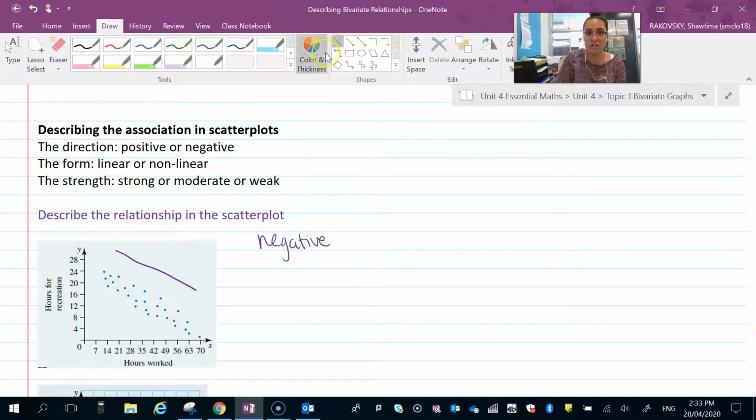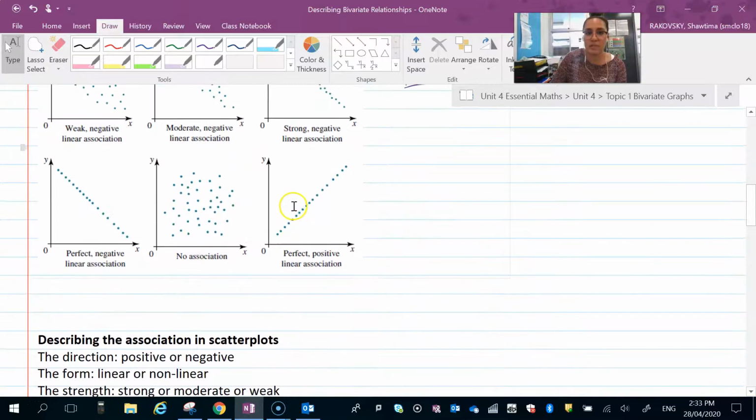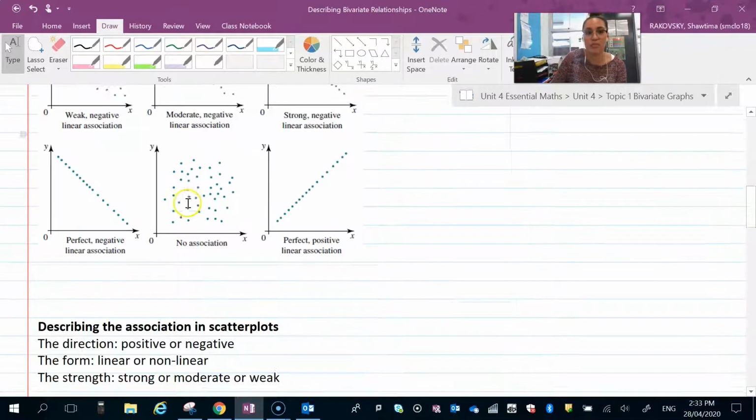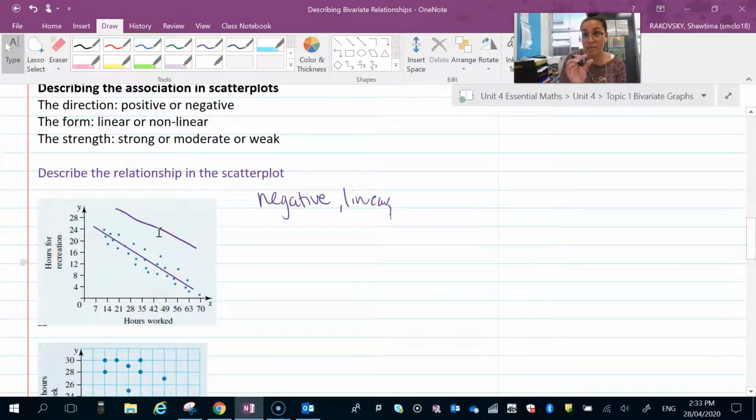If I draw a straight line, really poorly, I can kind of fit one over there, so it's linear. And it's not perfect, it's not quite strong, it's moderate. It's kind of spread around, but you can still see a pretty clear line. So this is a moderate association.